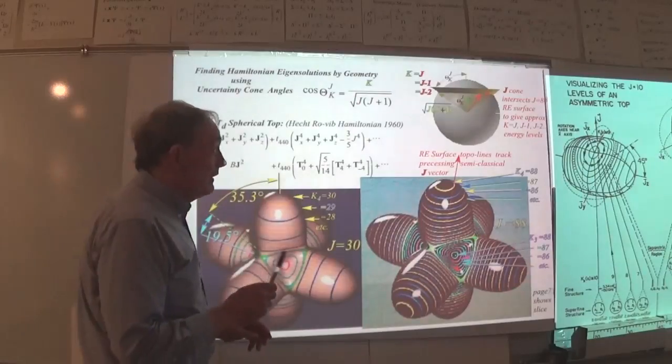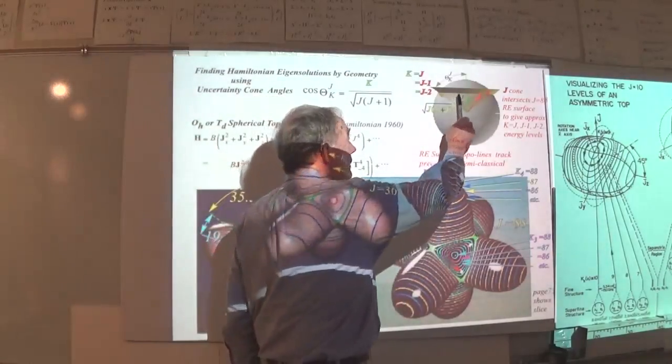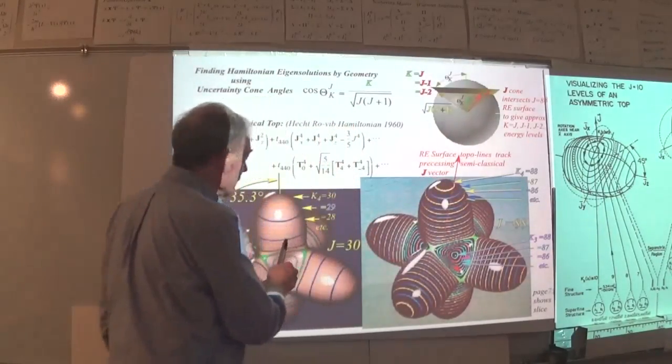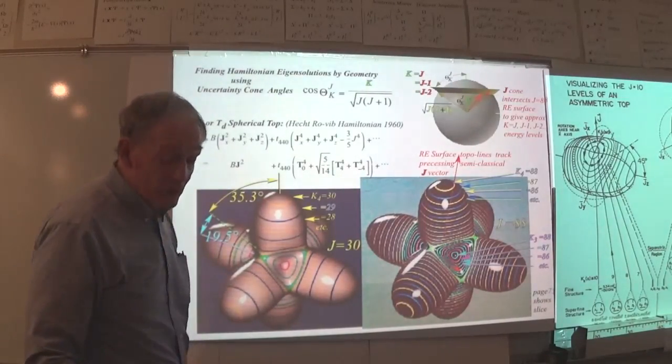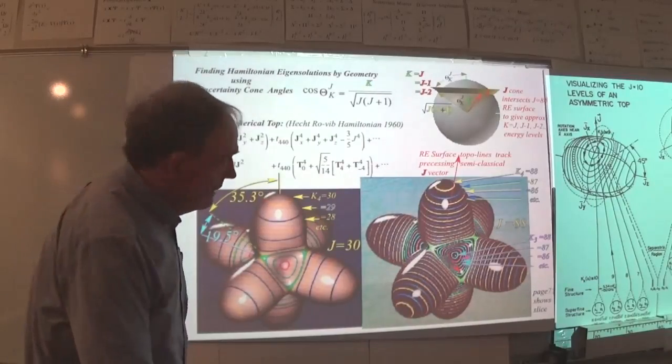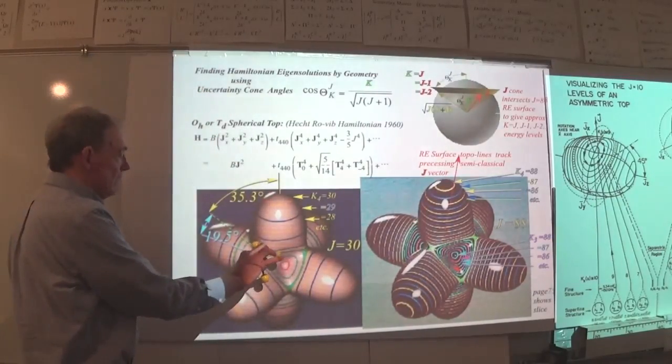But what I want to do here is show you how the angular momentum cones really give us the answers for the rotor spectra when we're talking about this molecule. Right.